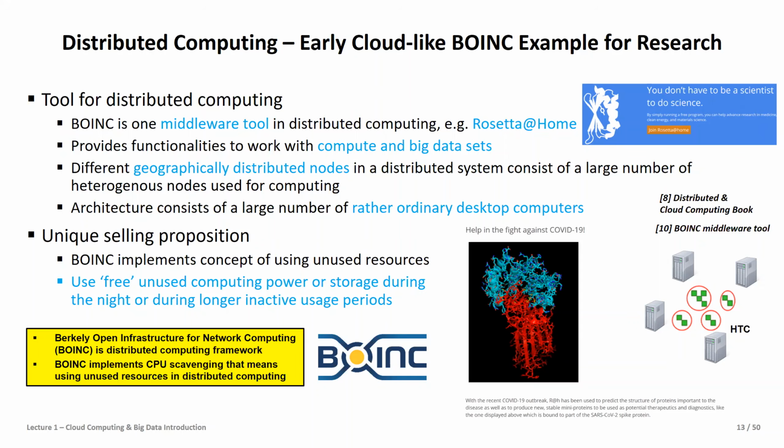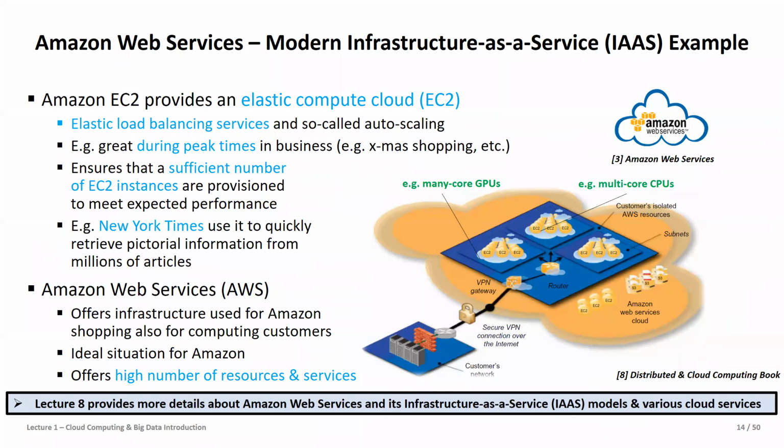So in BOINC, at these times, nobody was thinking of making money out of this. This was clear, it is a scientific endeavor. We want to have astronomy, we have medical aspects. Rosetta at home was now specifically targeting COVID-19. So these are all different endeavors, but the clouds then added the kind of credit card swipe to it, right? And here's a very popular one, which is a modern infrastructure as a service example.